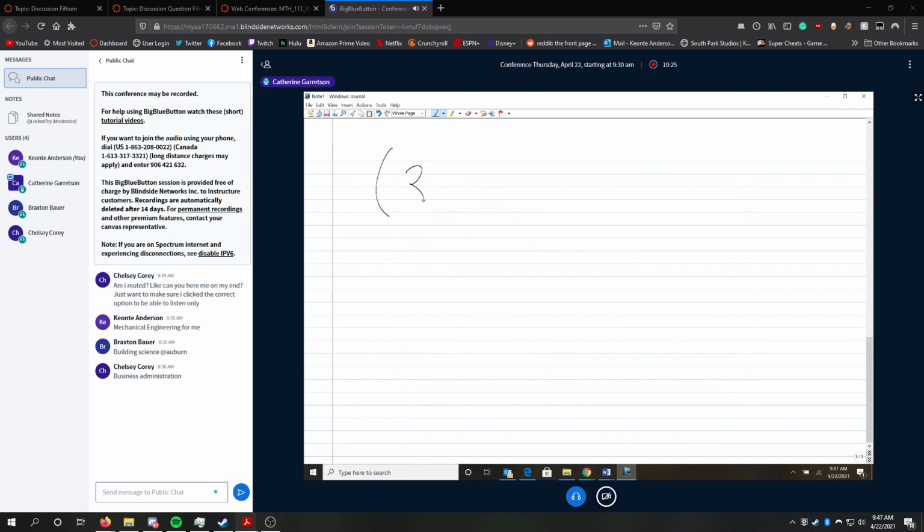So let's say we have the complex number 3 plus 5i, and we wanted to square it. Now that's not too hard. When you square a binomial, I would say that's 3 plus 5i times 3 plus 5i.